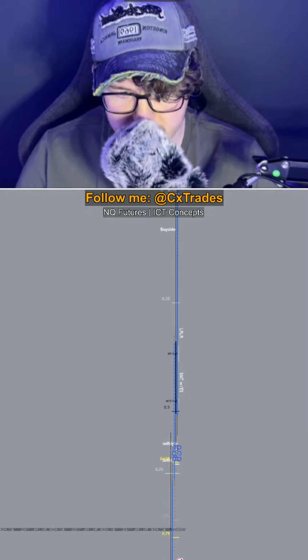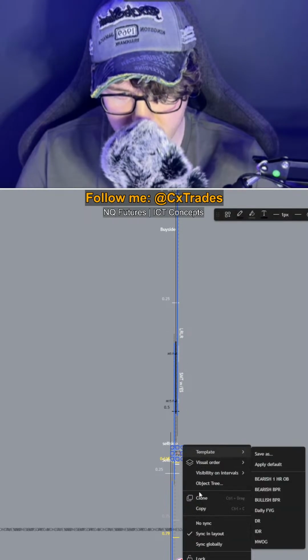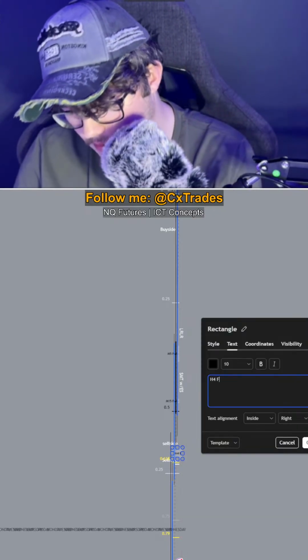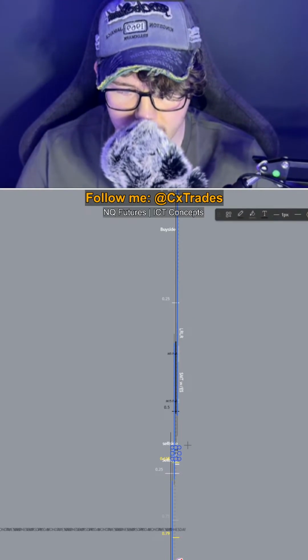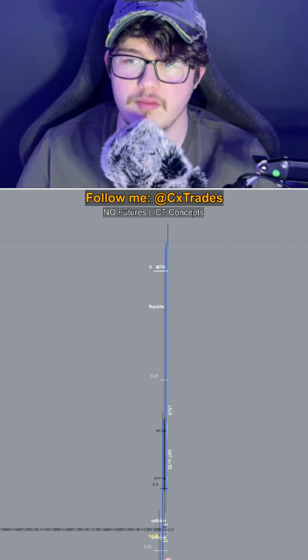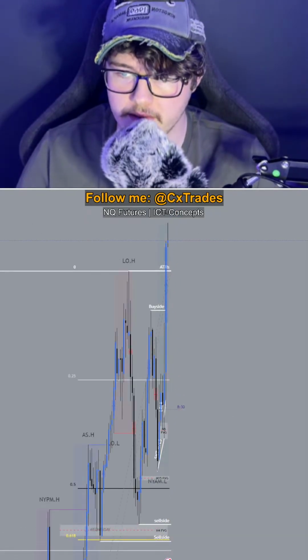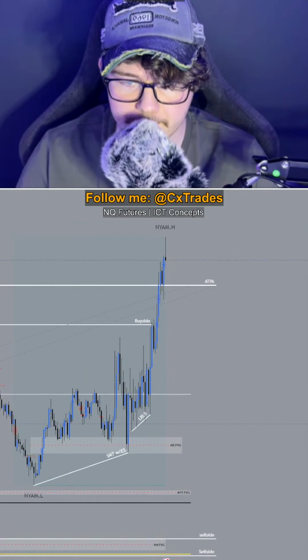Not much, to be honest. This M15 is actually an H4 too. I didn't notice that. Anyway, it doesn't really matter. I'm not going to come down to there anyway.